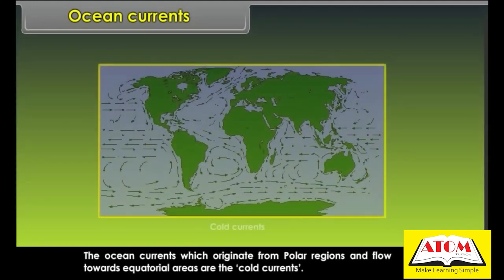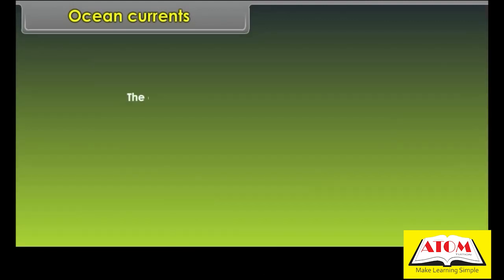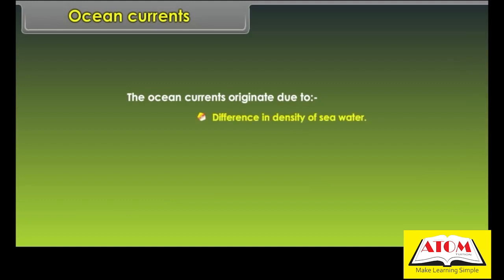The ocean currents which originate from polar regions and flow towards equatorial areas are the cold currents. The ocean currents originate due to difference in density of sea water, the rotation of the earth, and the planetary winds.